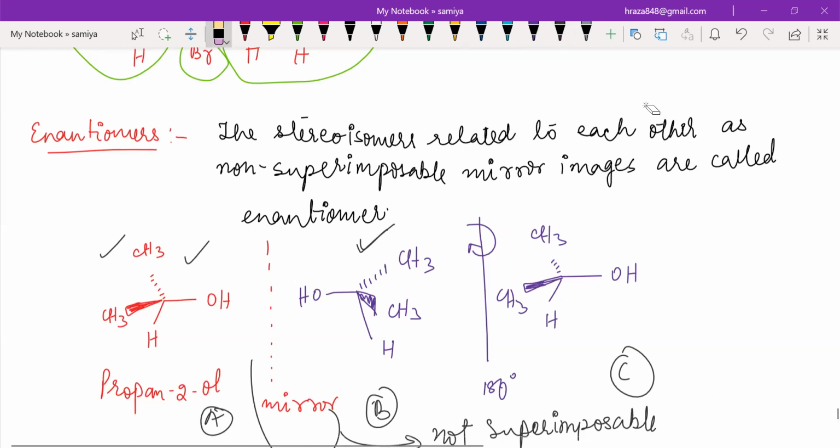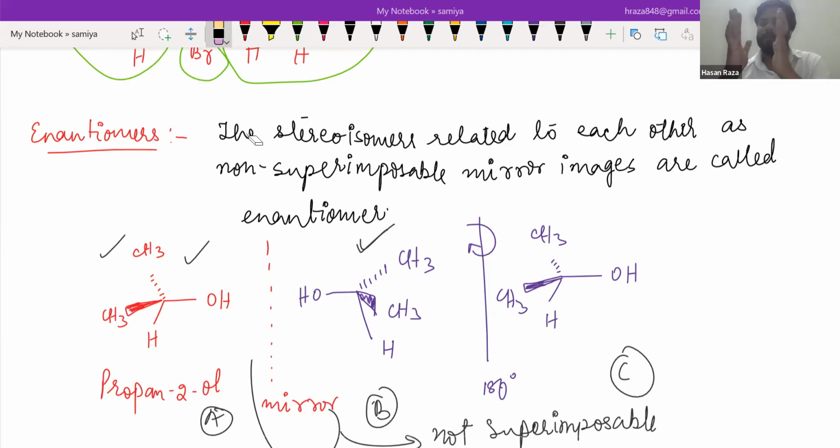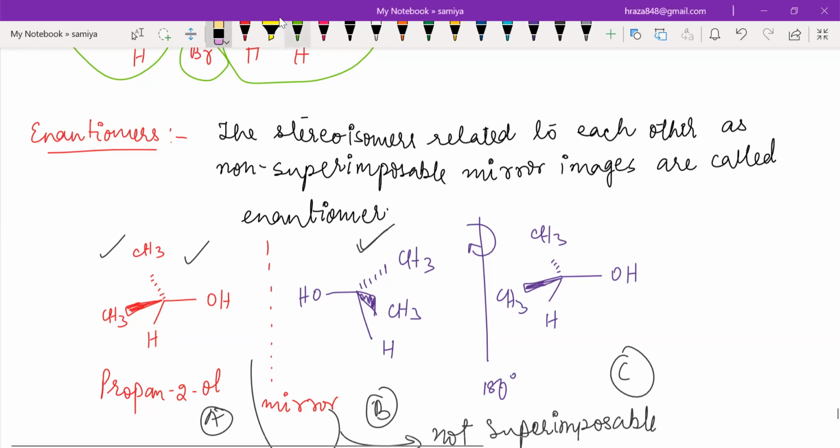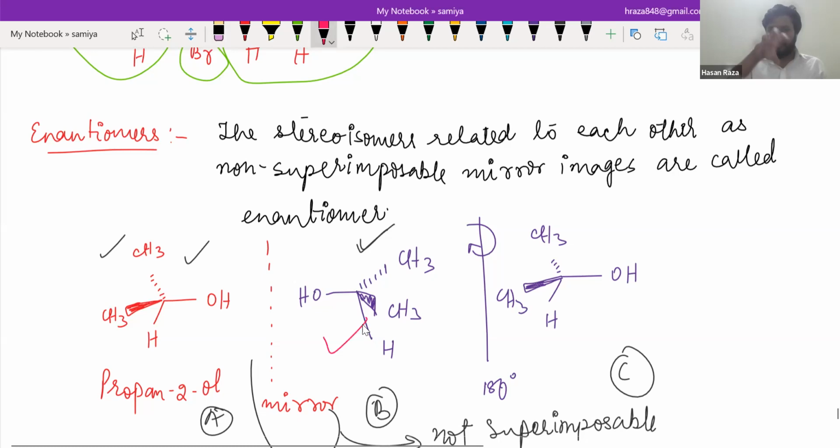Sir, what is superimposable? That means, see, if you coincide them, that is superimposable. Is it superimposable? This thumb is going to the little finger, so no. Focus on B. If you take this compound like this and put it on compound A, will it be superimposable?